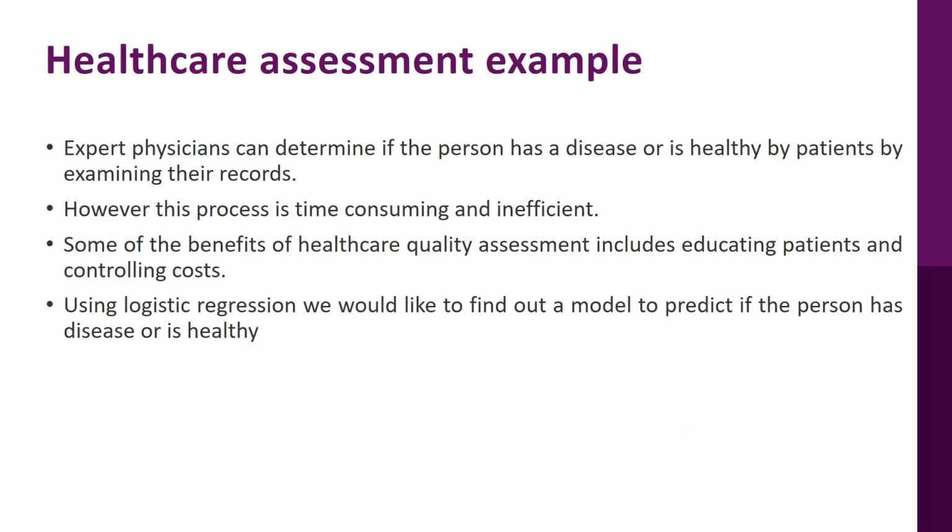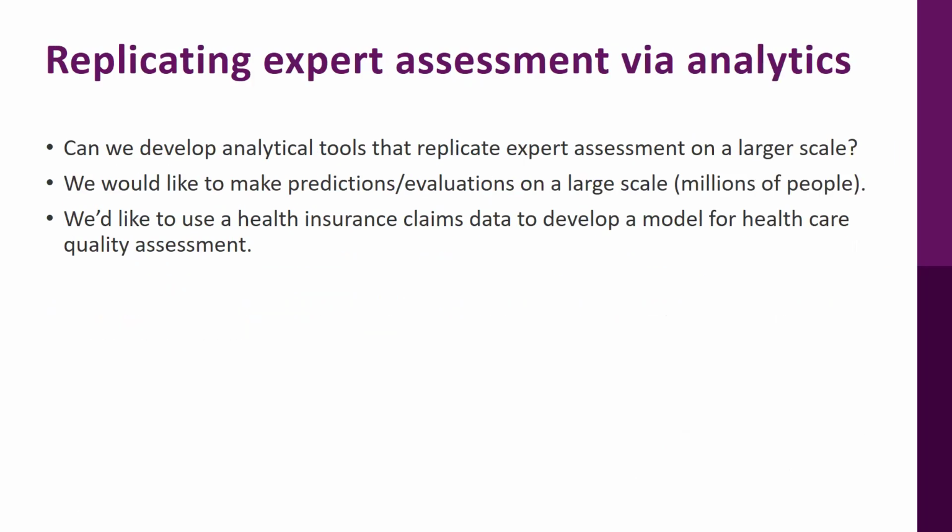Now, let's look at another example. What we want to find out is, if we have a certain goal in a healthcare organization, how can we use a logistic regression model to find out if people are healthy or if they should be classified as having a disease?